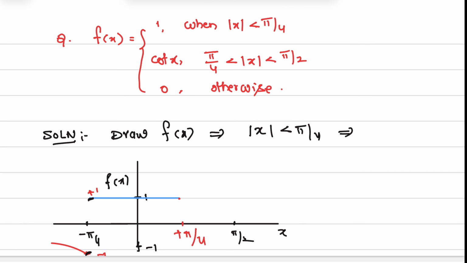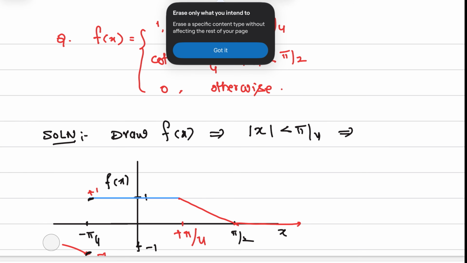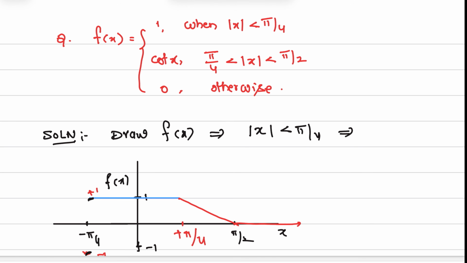Sir, it should be little curved. Now, after pi by 2, otherwise it is 0. And on left hand side, if you see, less than pi by 2, it is 0. That means, let me shape this like this.